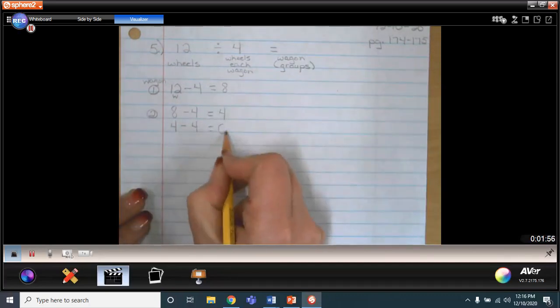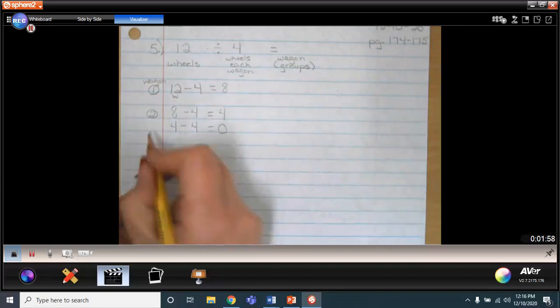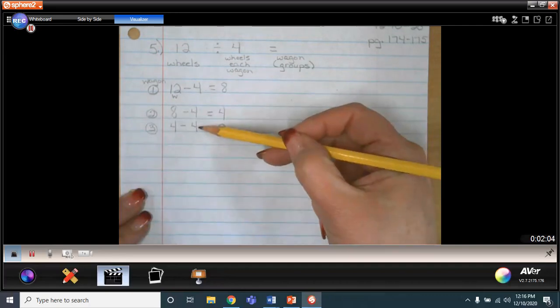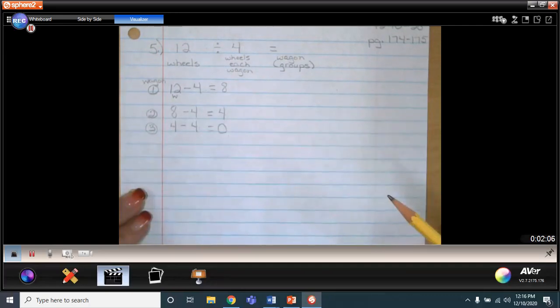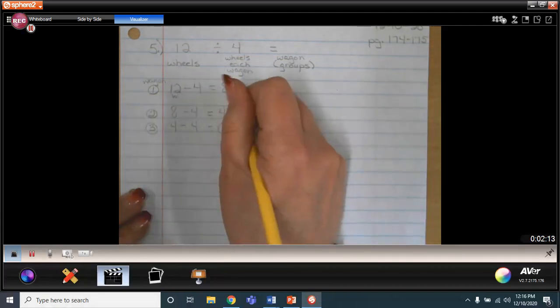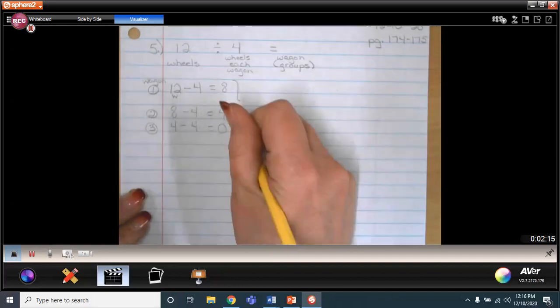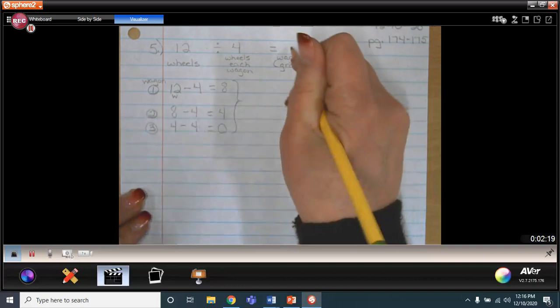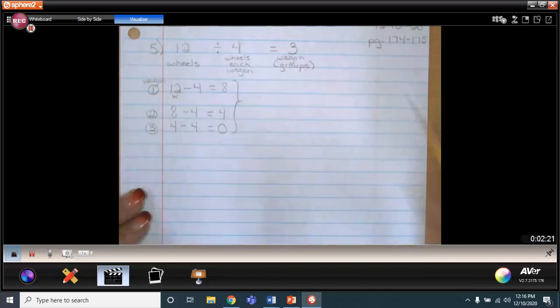And now I don't have any wheels left, so I have 3 groups, which are my wagons. I've taken 3 groups of those 4 wheels, and I've used up all of the wheels. So I have 4 wheels for each wagon. There are going to be 3 wagons.